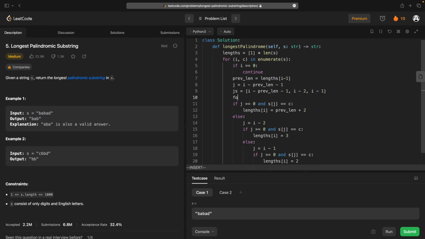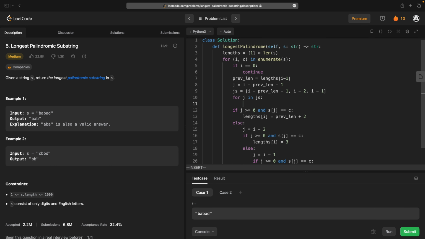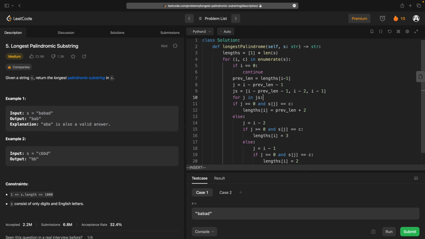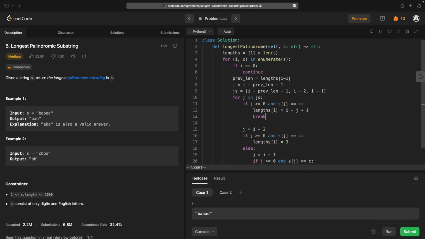So it's for j in js, then I want to do this logic. It's not prevlen plus 2, it's i minus j plus 1. Break.